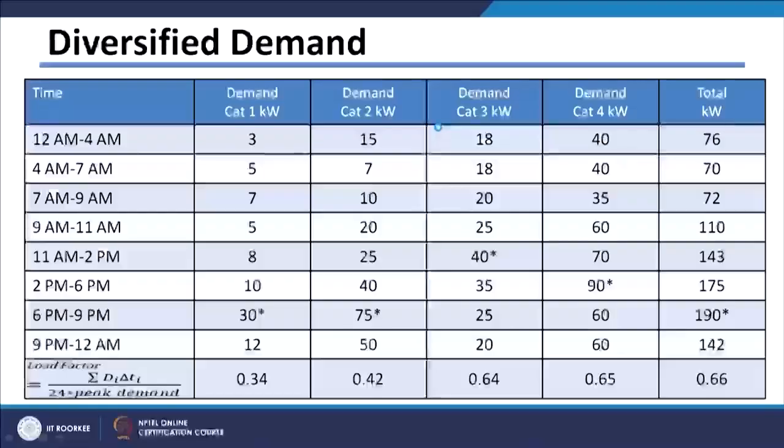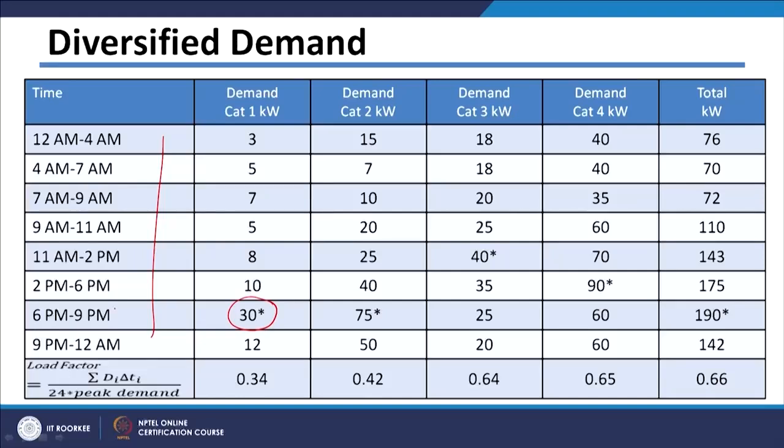Category 1 is 1 kilowatt, category 2 is 2 kilowatt, category 3 is 3 kilowatt maximum demand, and category 4 is 4 kilowatt. And this is the cumulative consumption of those consumers with respect to time, which I have just shown here. You can see that for the category 1 consumer, if you plot, the maximum demand of those consumers is coming around 6 p.m.